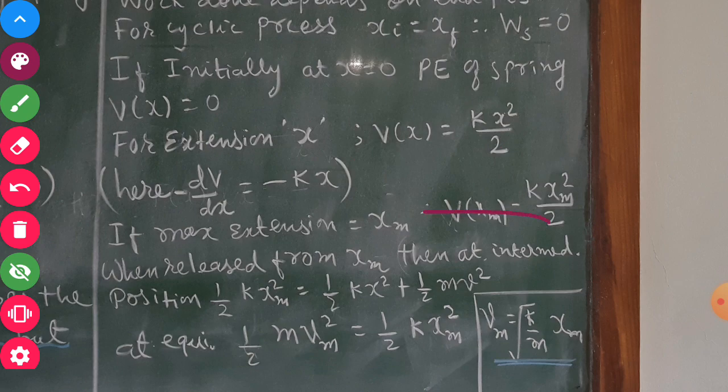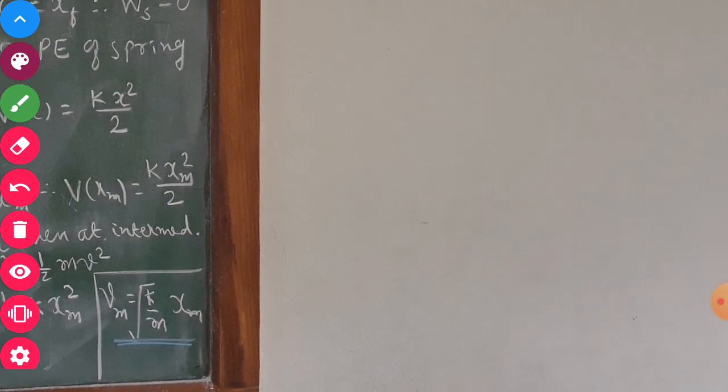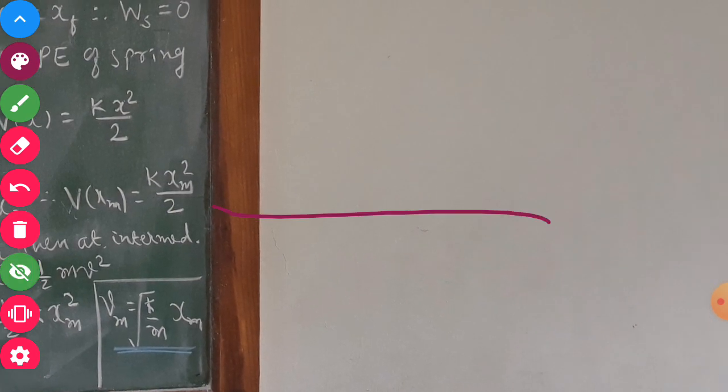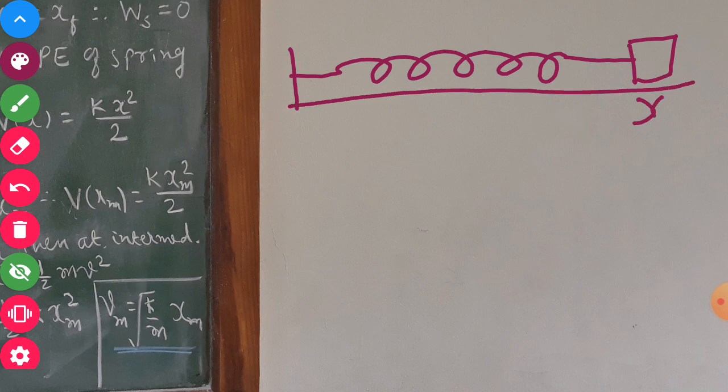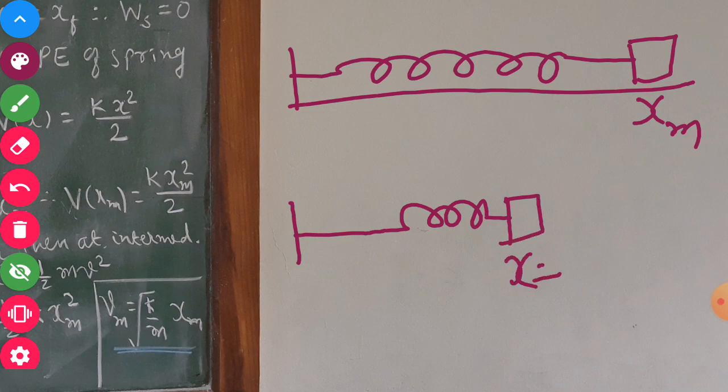Whenever the spring is moving from its initial position of extension, say xm, with its equilibrium at x equal to 0, it wants to come to this point.